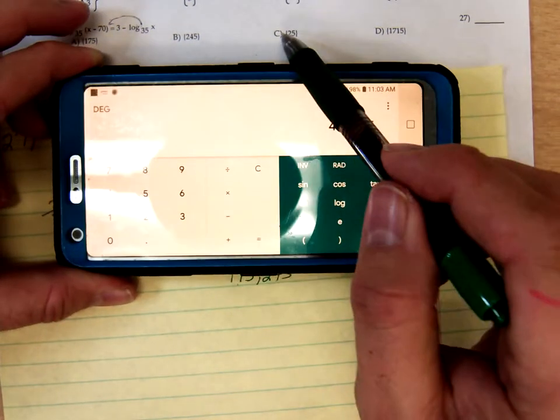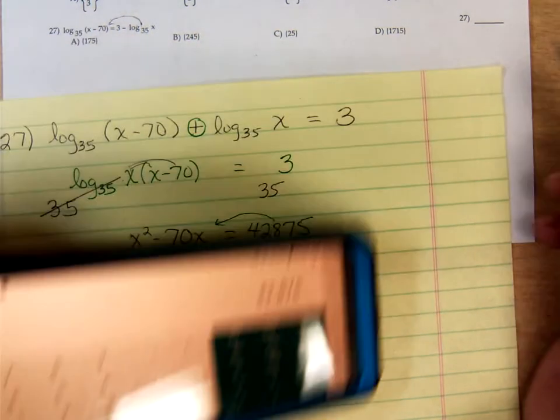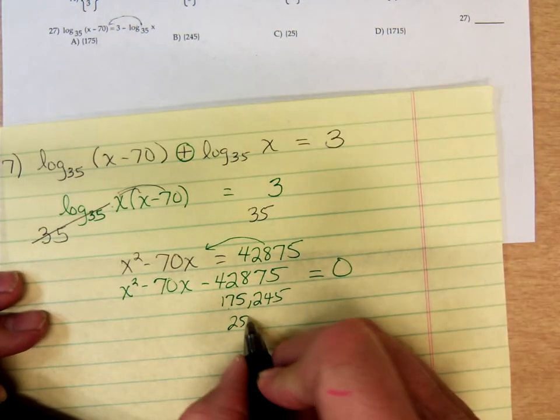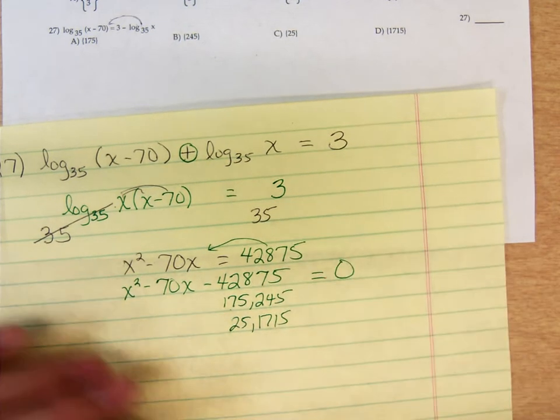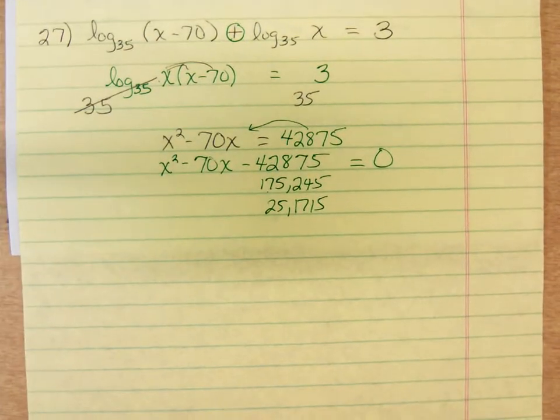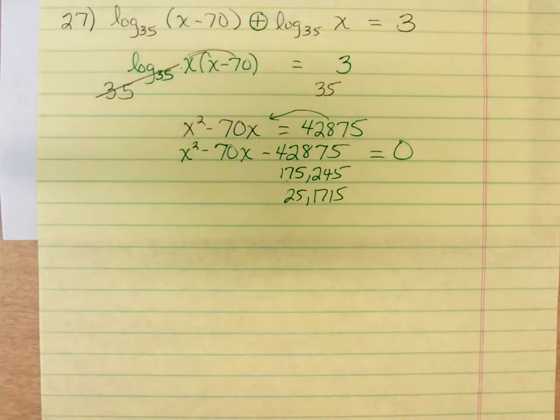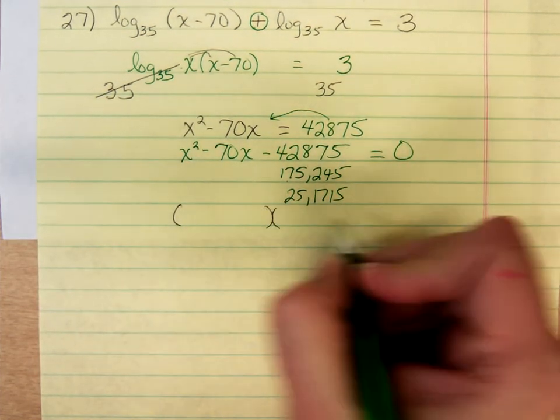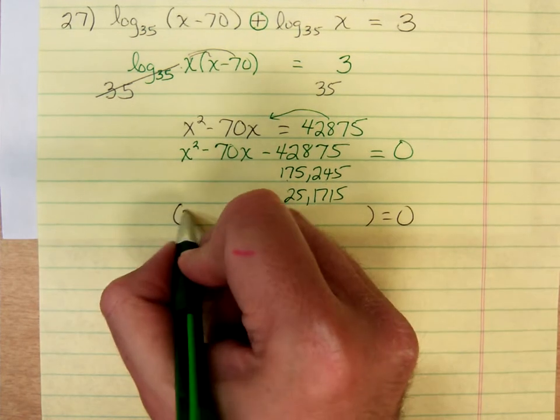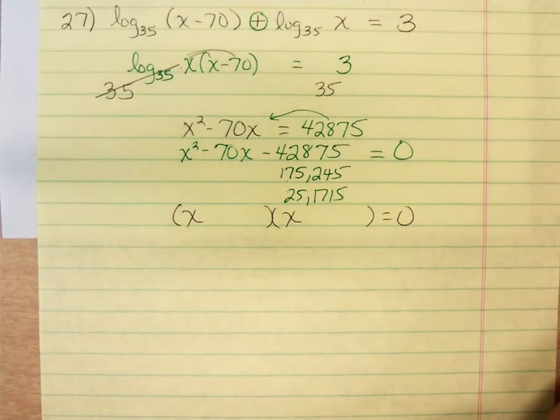Yeah, so there's the only two pairs of numbers I need to concern myself with as I try to factor this. See, it would be a much harder problem if it weren't multiple choice. So which of these pairs will work?